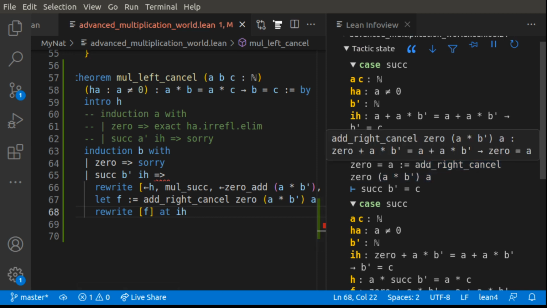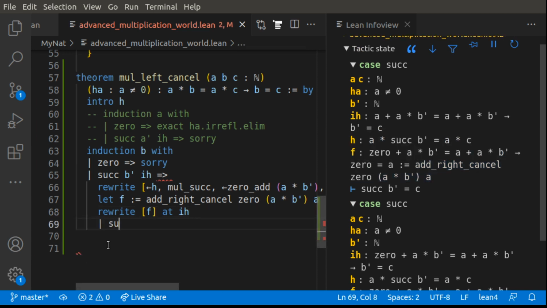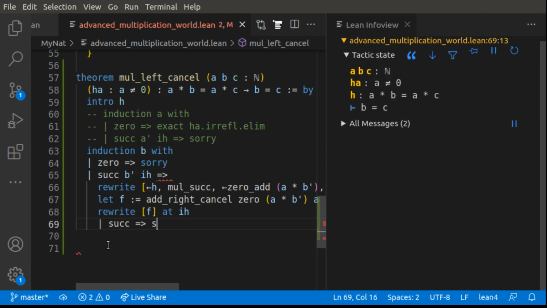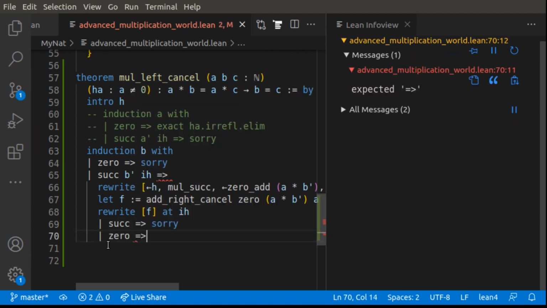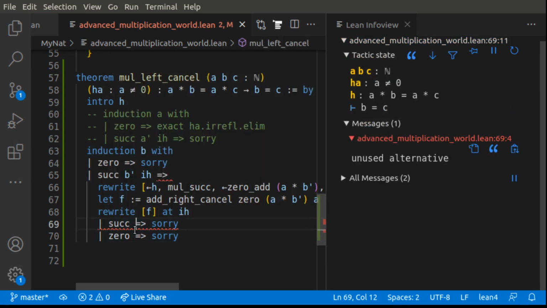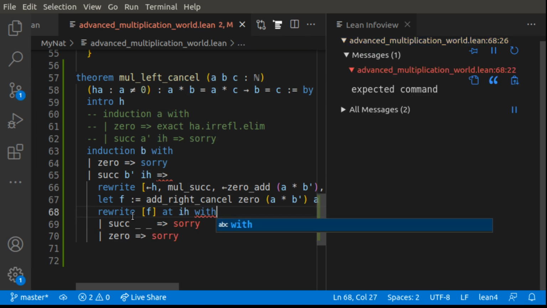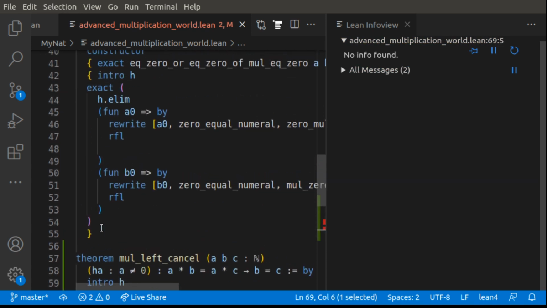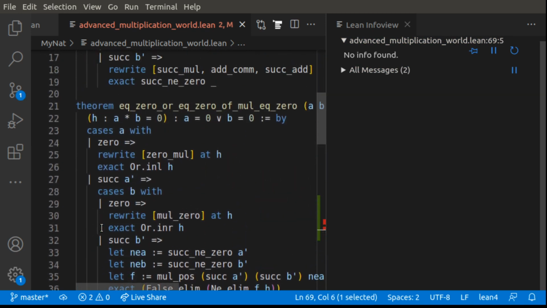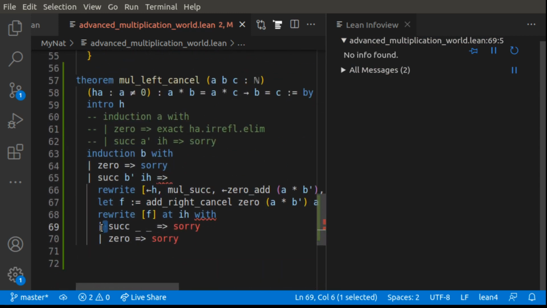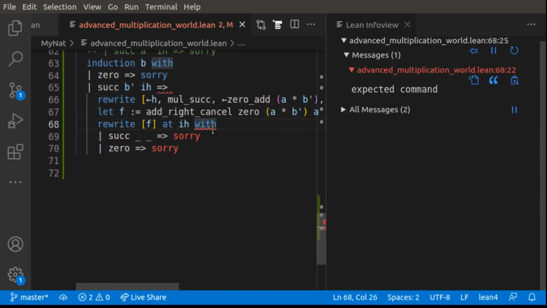Because successor case, what is this? Successor. Sorry, 0. Sorry. A double prime. No, this does not look promising.